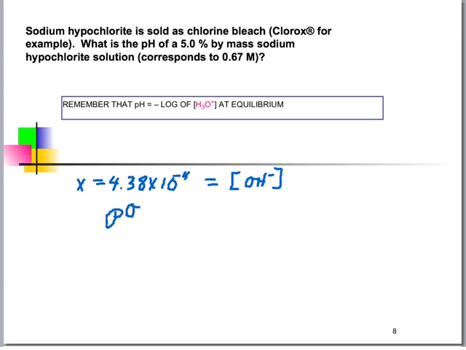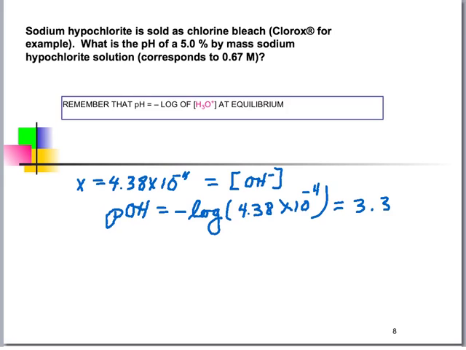One easy way is to just take the pOH, which is the negative log of your number, and that gives us our answer 3.36. Now, I'm giving you 2 decimal places because this really was originally a 2 significant figure number. I carried an extra digit.